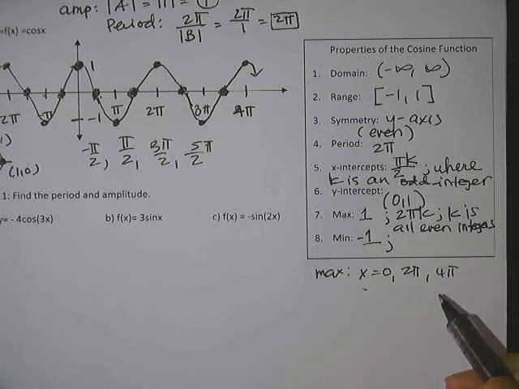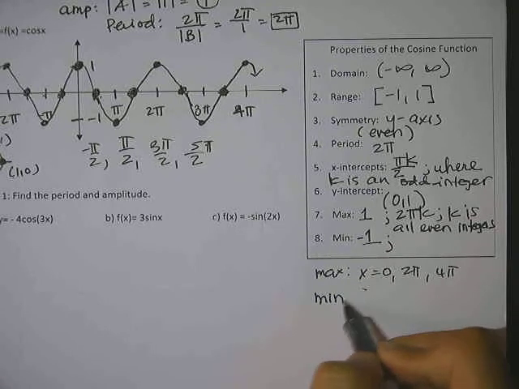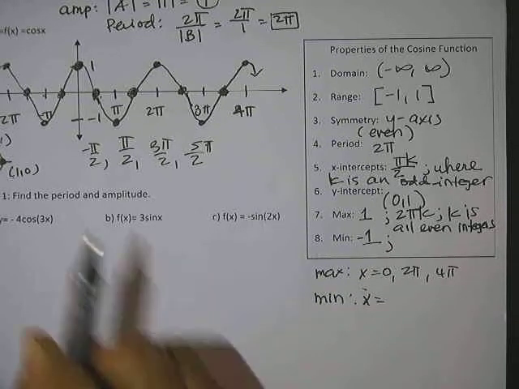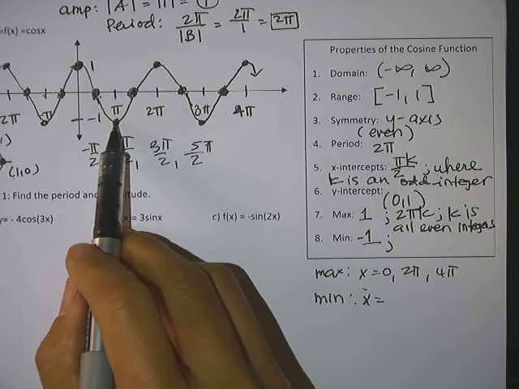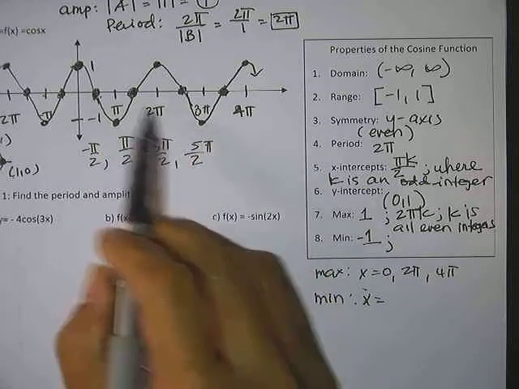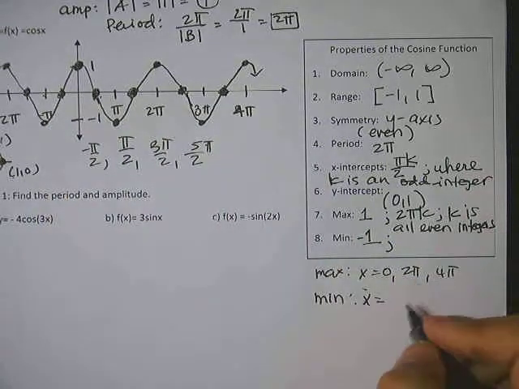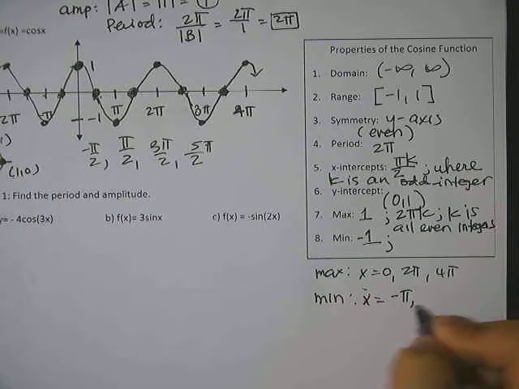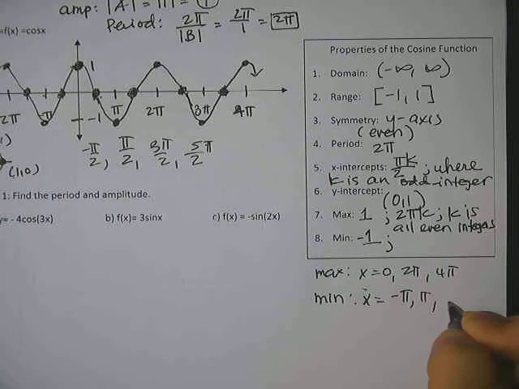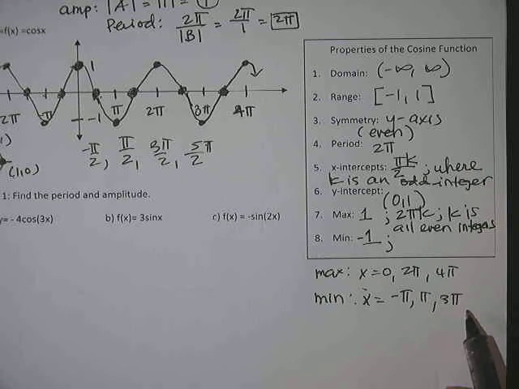Okay, how about the minimum? Minimum when x is at, let's check it out. We have pi, we have 3 pi, we have -pi. Okay, so we have -pi, we have pi, we have 3 pi. So if I have to make an educated guess, I would add or subtract 2 pi. That will also work.